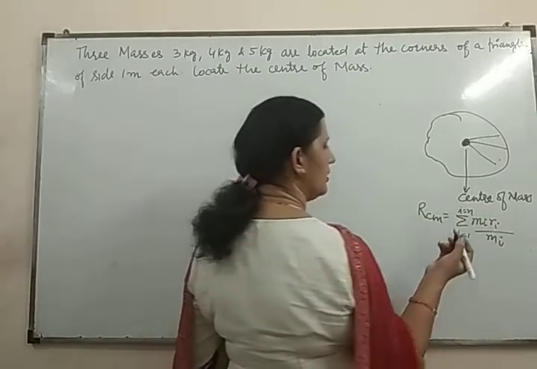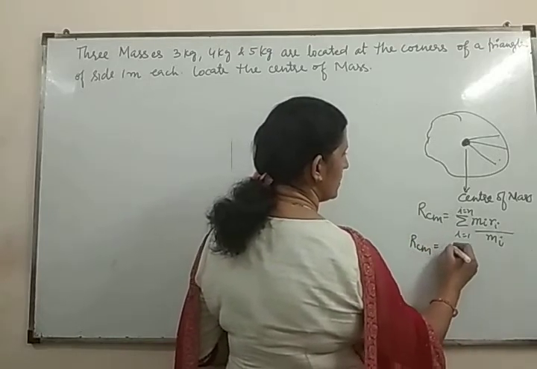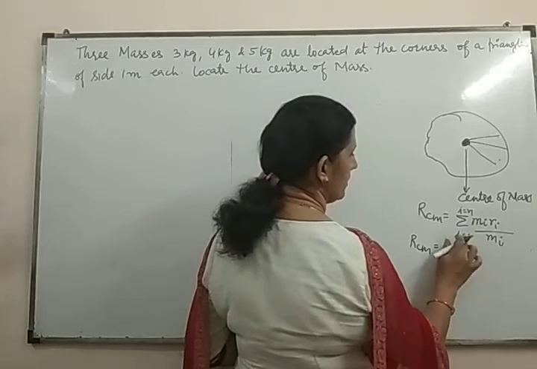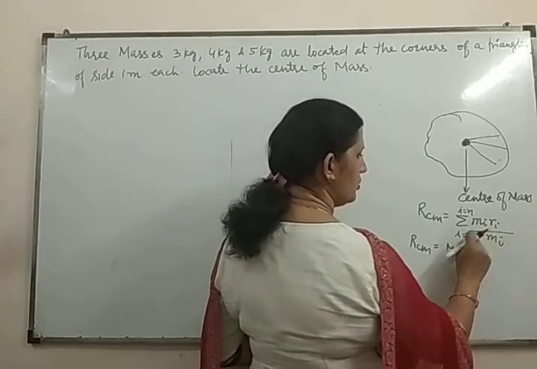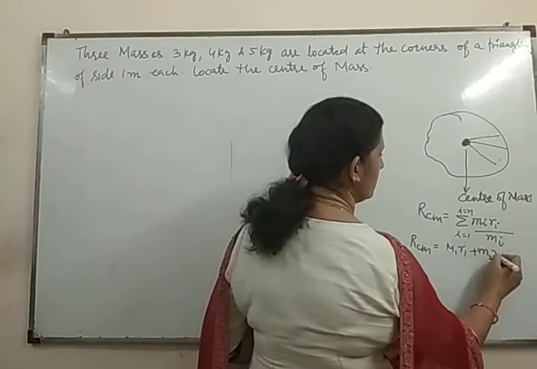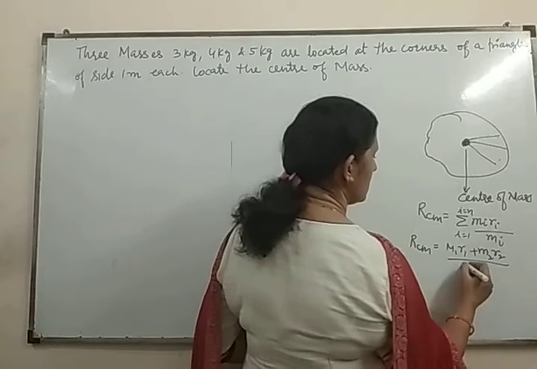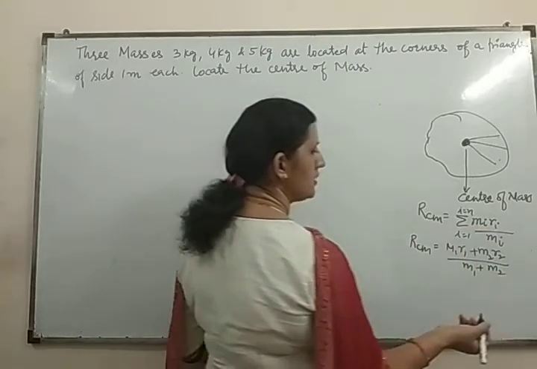Suppose we have a 2 particle system, then R_CM is m1 r1 plus m2 r2 divided by m1 plus m2. Summation is for the sum.